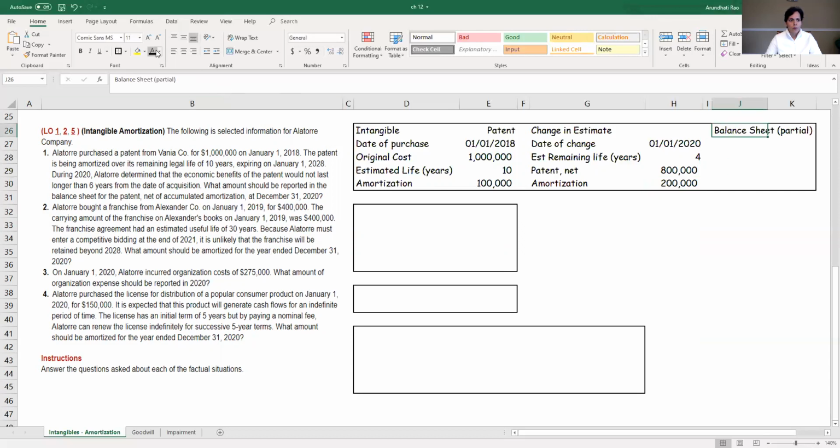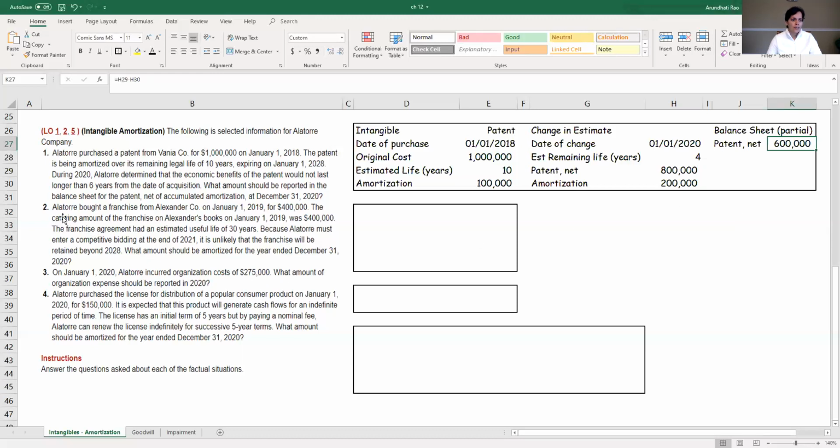So I have my partial balance sheet, my patent, the net amount is going to be 600,000. Once again, it's $1 million, less the amortization of 100,000 2 times, less another 200,000 in the third year, leaves me with an answer of $600,000 is what I have in my books.